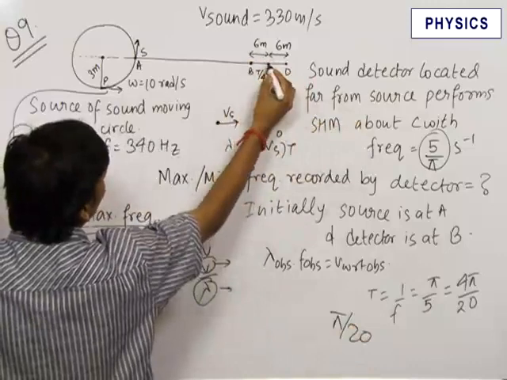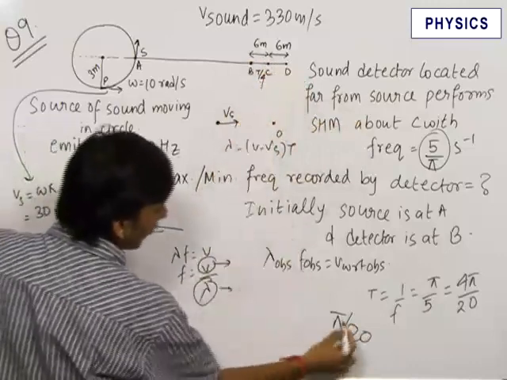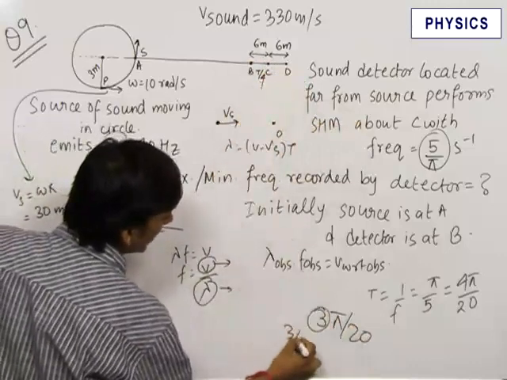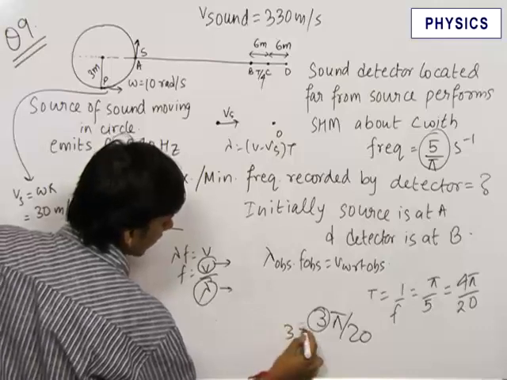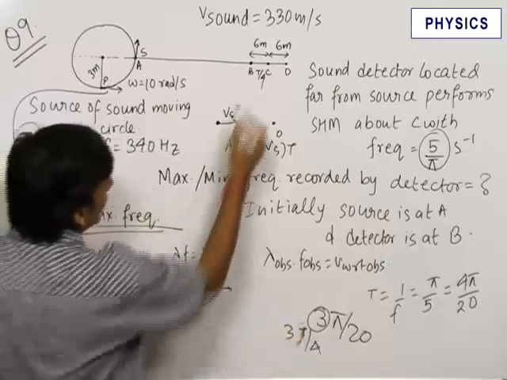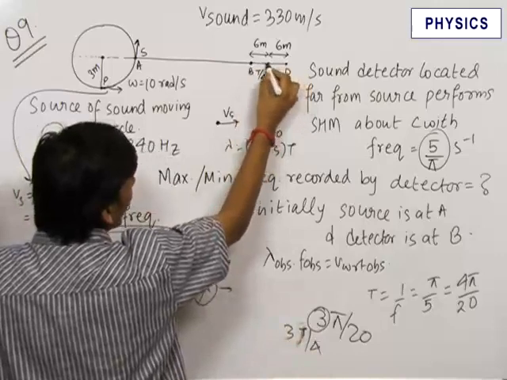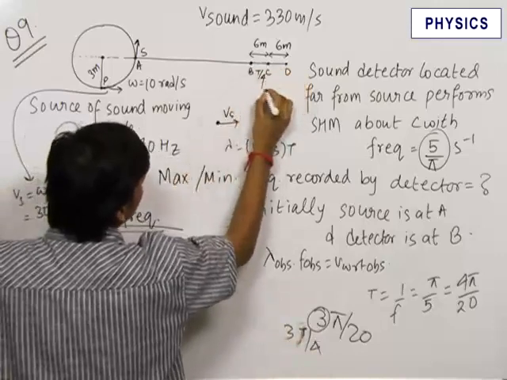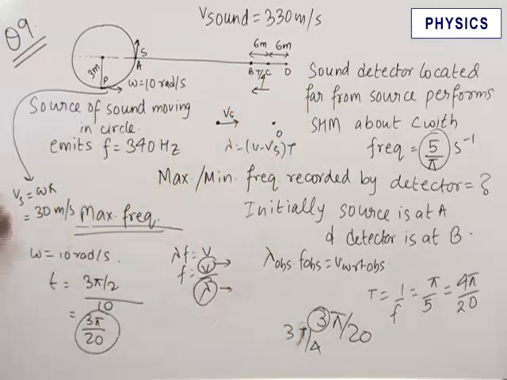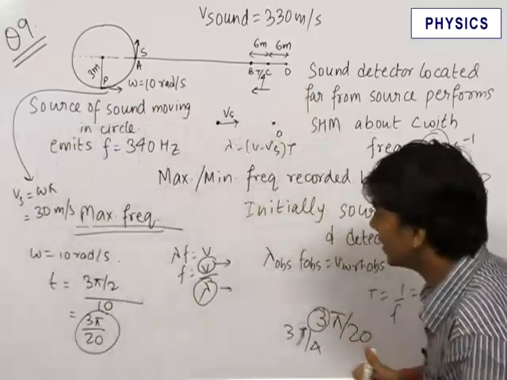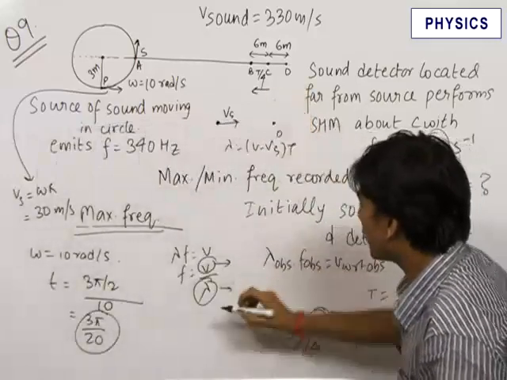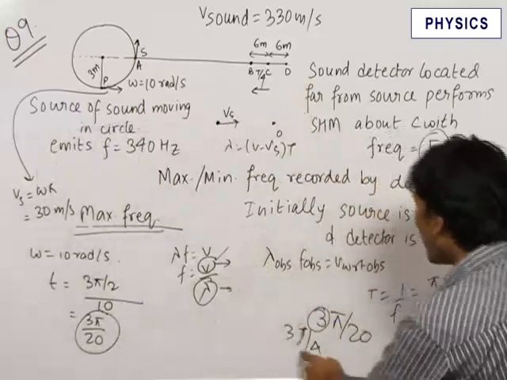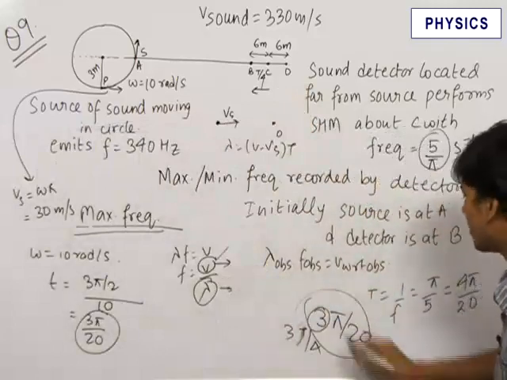In another T by 4 time it moves from C to D, and therefore in 3 pi by 20 time, that is 3T by 4, it comes from B to C, C to D and again from D to C, having a velocity in this direction. Now the beautiful thing is that we have also maximized V after the time 3 pi by 20.